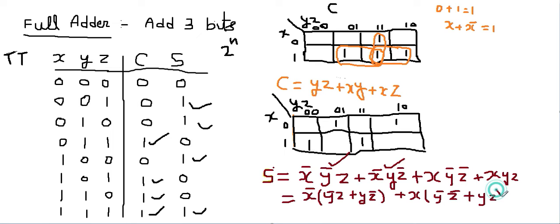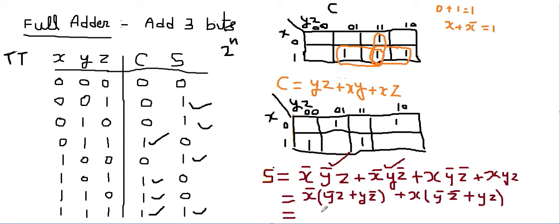Now if you look closely at this Boolean function, this is nothing but your XOR gate, because these are added together by taking the complement of one term at a time. So this is your XOR gate. And if you have no idea about the XOR gate, I tell you, when both the inputs are different, it evaluates to 1.